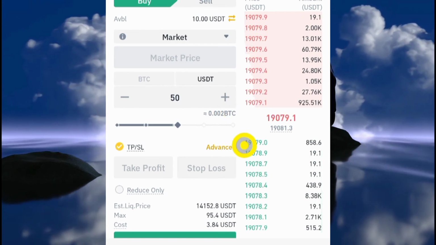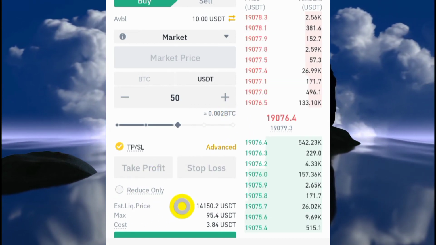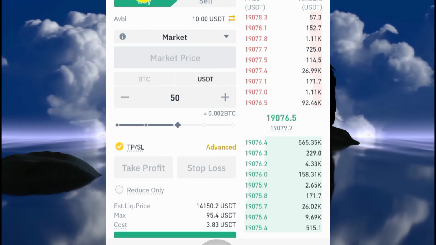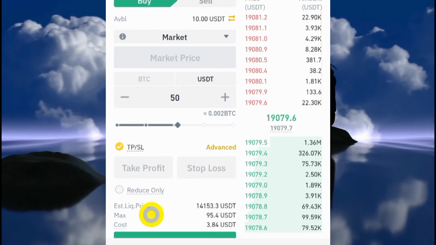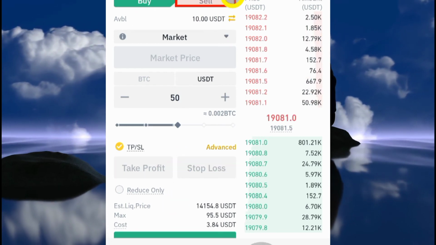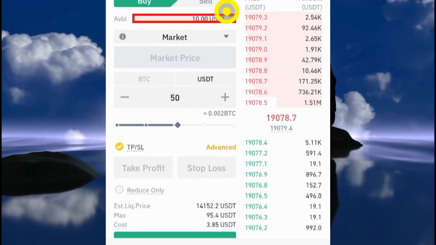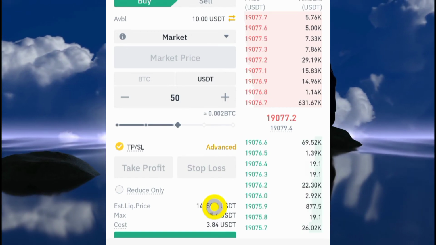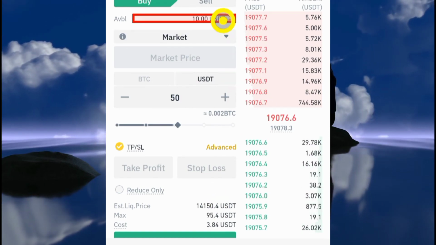So if this trade doesn't go in my direction, because I am on cross mode, I would lose this initial margin and also my available balance. If this is 3.84, my available balance should be 6 point something.